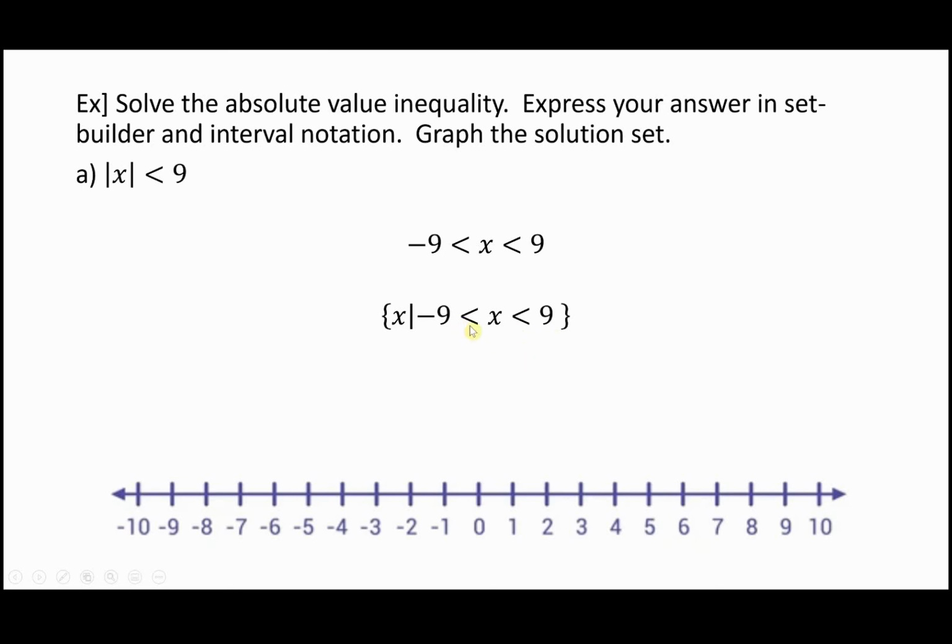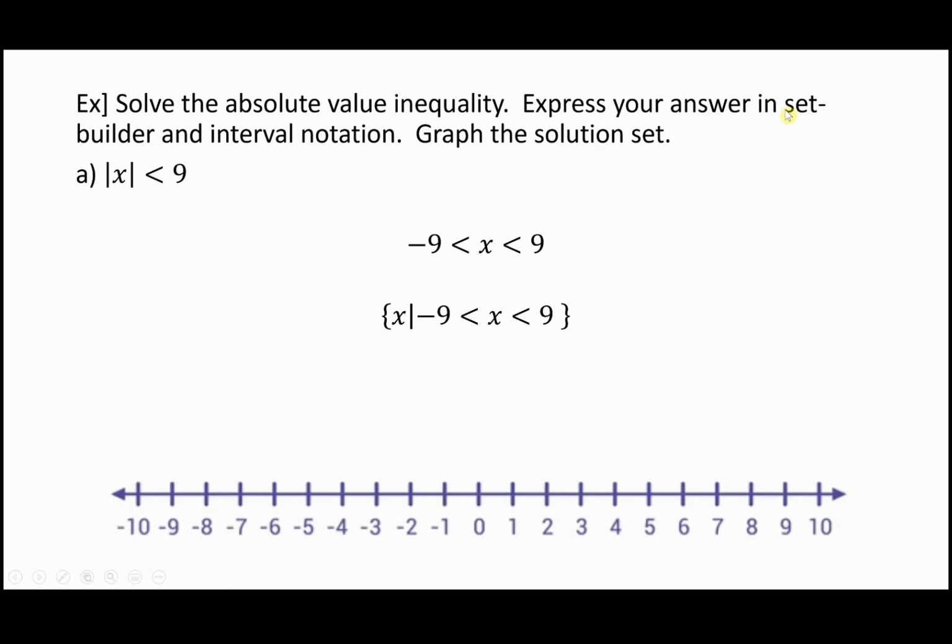If I had the equal to options here, I would say that x is between 9 and -9 inclusively, indicating that I'm including the endpoints as part of the solution set. But since we have a strict inequality on either side of our compound inequality here, we would say that x is between 9 and -9 exclusively. Okay, great. So that's the set builder notation.